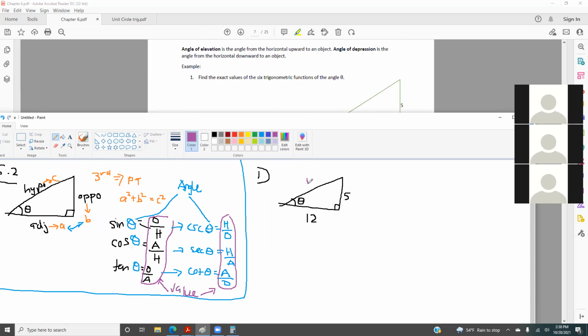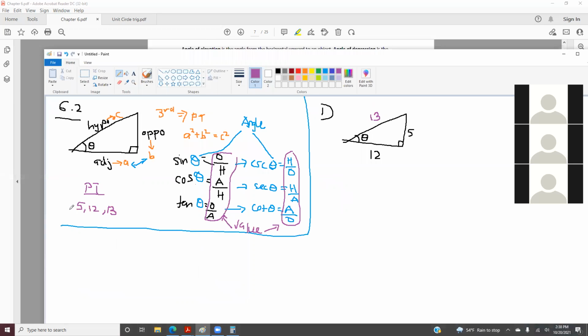So this is what we call Pythagorean triplets, where if you know 5 and 12, the hypotenuse will be 13. Don't forget, the biggest one is along the hypotenuse. There is also another famous one: 3, 4, and anyone know? 3, 4, and 5.